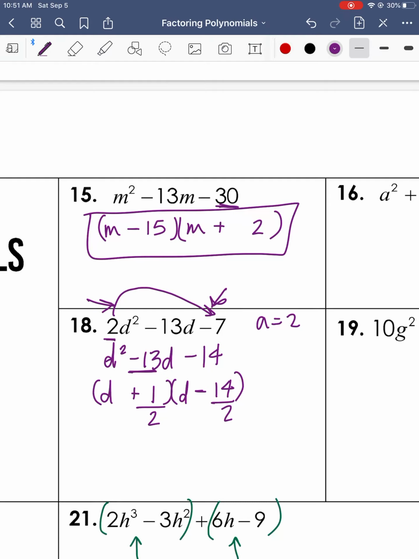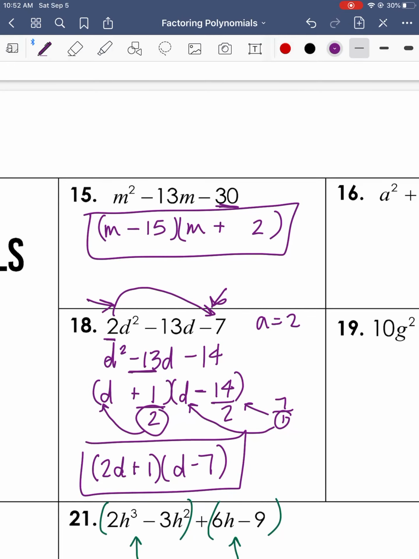Then we will simplify these fractions. 1 over 2, you can't simplify that into a whole number, so we'll take this 2 and move it up in front of the d right there. And then this term will simplify to 7 over 1, and then the 1 goes up in front of the d, which we don't show, obviously, since it's multiplying by 1. So your final answer is going to be 2d plus 1 times d minus 7.